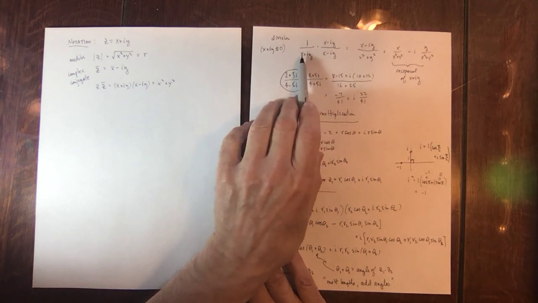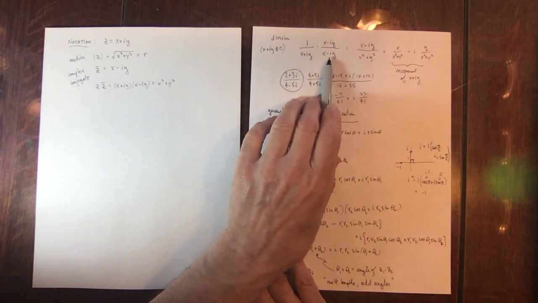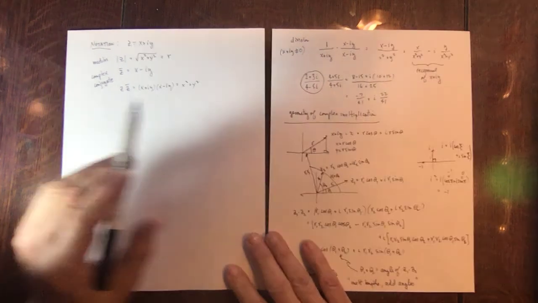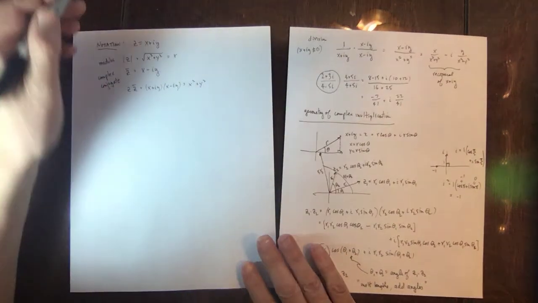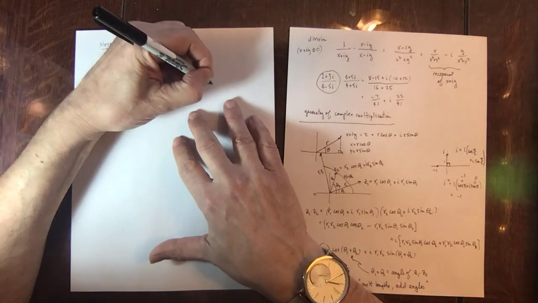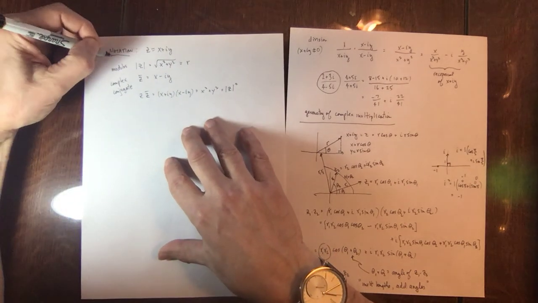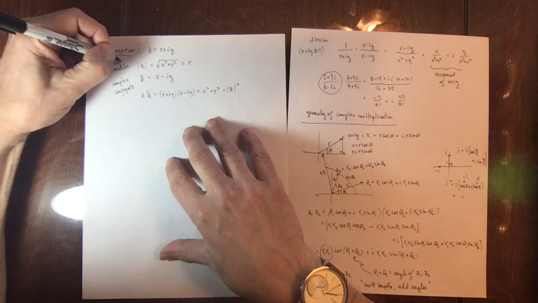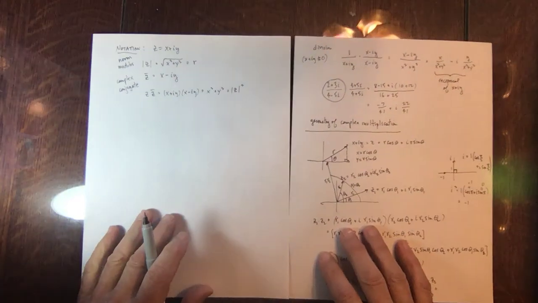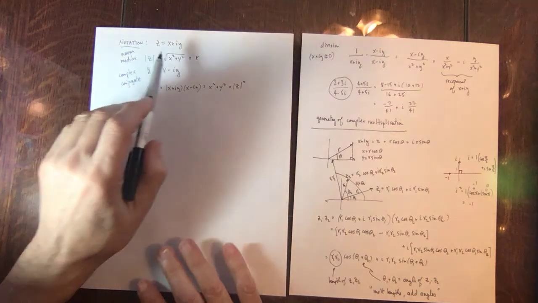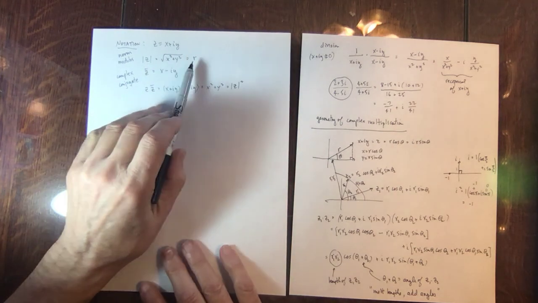You multiply the denominator by its complex conjugate, because that gives you a real number. And of course this is the modulus squared. It's often called the norm. So call it the norm or the modulus or the absolute value. It just refers to the length of it viewed as a vector.